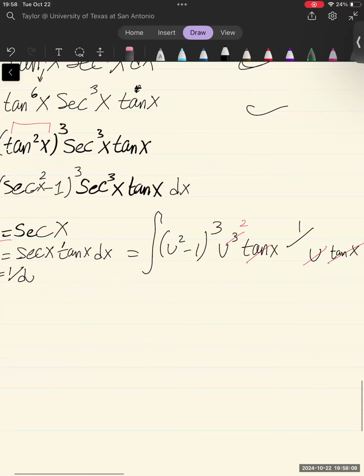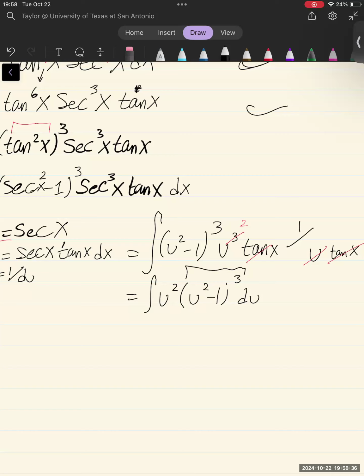Okay. So then we come here, I'm gonna rewrite it. So then I get u squared minus 1 cubed du. And then the next part is to FOIL this expression out. But I will save you guys a little bit of the algebra if that's okay with you guys.